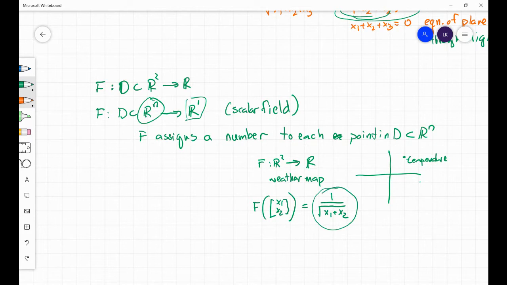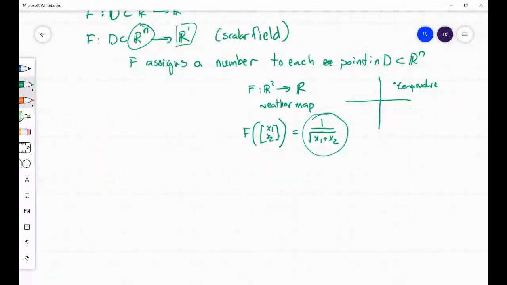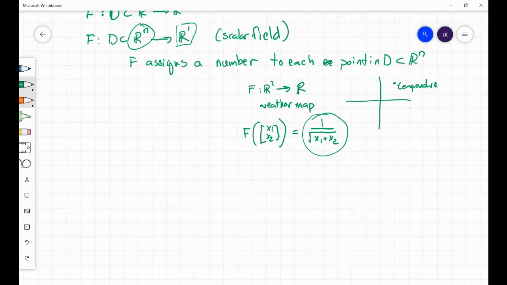Well, not for each point in the plane, but some subset. That subset of the plane is called the domain of the function. So what would be the domain of our function? Let's call it D.